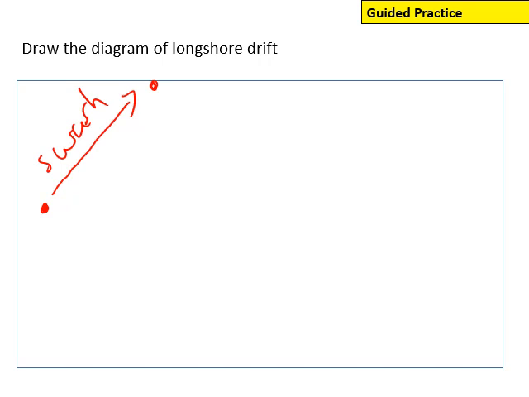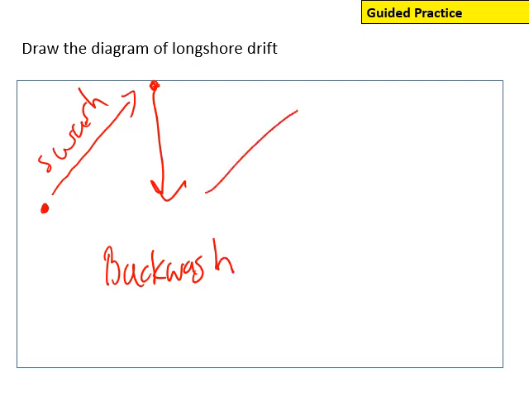Okay, make sure your diagram looks like mine. That piece of sediment then moves backwards. So draw your backwards line, please. And that is the backwash. Okay, I need to redraw my line. There we go, backwash. And that carries on like this.